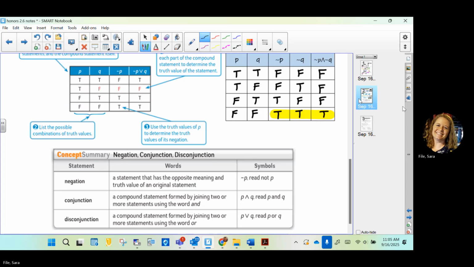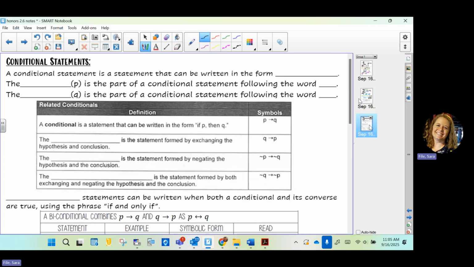Okay, all right, let's flip to that last page. So now we're going to get into some other types of statements. That was compound statements. Now we're going to talk about conditional statements.